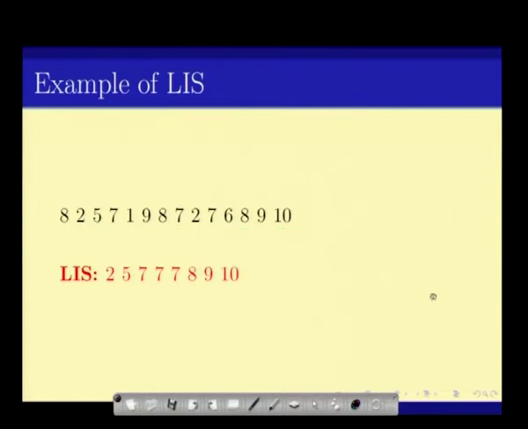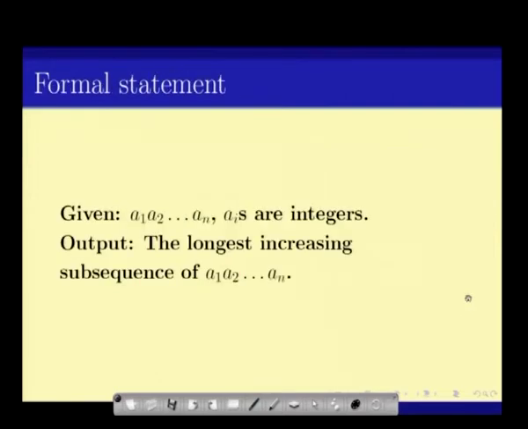So, in other words, given a set of integers, we want to find an algorithm for finding the longest increasing subsequence. Say we have been given a1 to an, where all the ai's are integers. Note that integers are nothing special here, it is just an example. You can take any numbers, even alphabets, anything where there is an ordering, because we are talking about increasing, decreasing and so on.